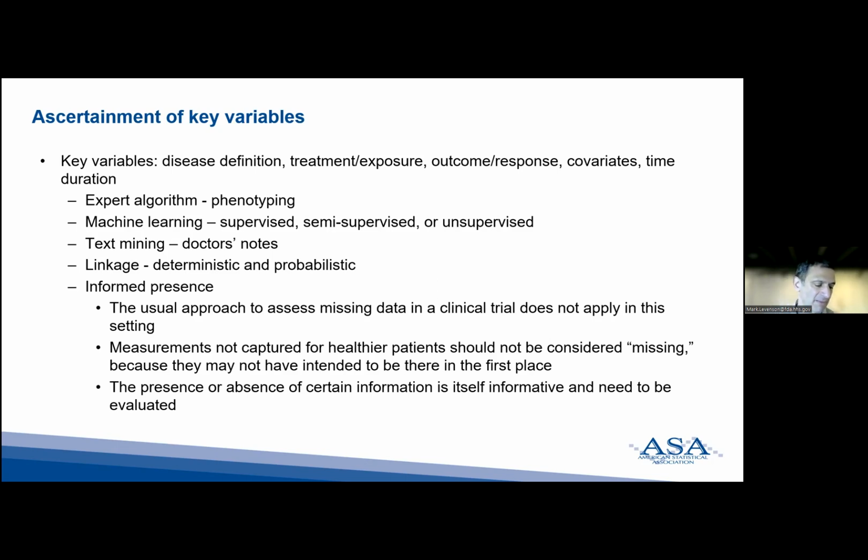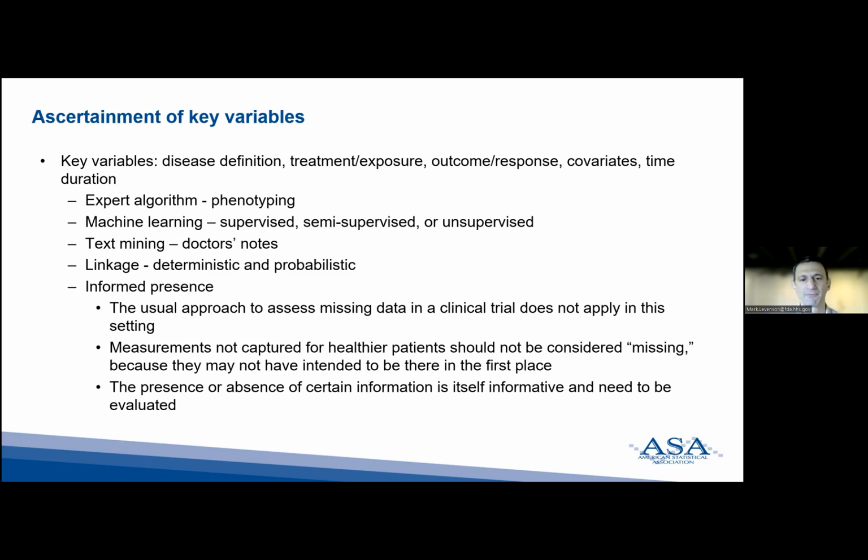So for example, a patient with diabetes is likely to have more glucose testing done than a patient without diabetes. So the patient without diabetes, you don't think of them as having missing lab values. It was never really intended to be collected.